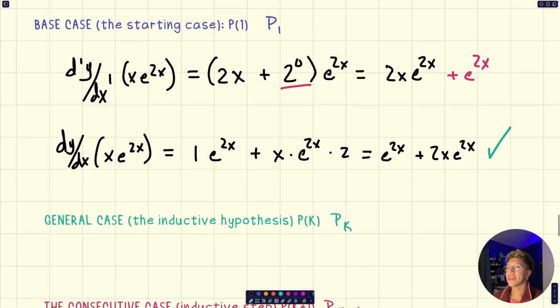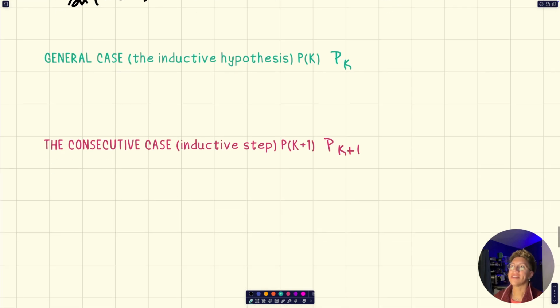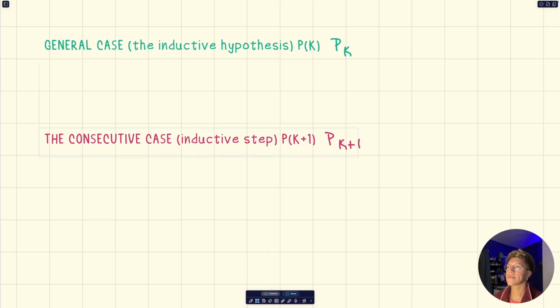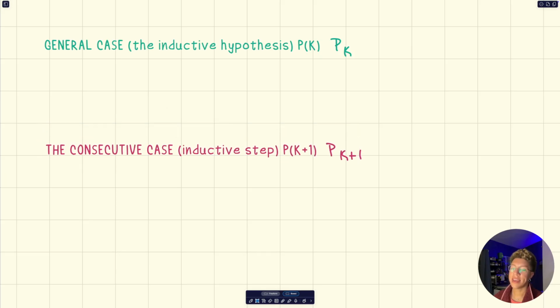In the general case, we do what we always do, which is to take our n and replace it with k. So we're going to say here that the kth derivative, I don't know if there's a way to say that. If someone knows, put it down in the comments. D to the k of y, I feel like that's not correct. dx to the k.